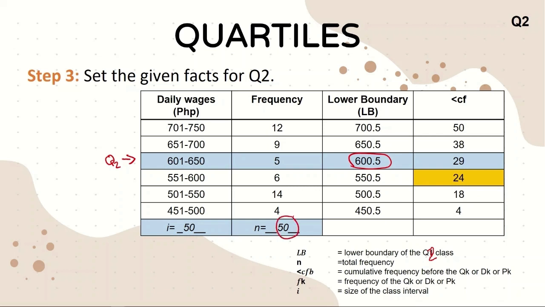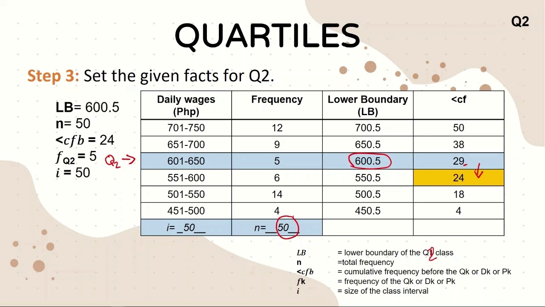Now, the cumulative frequency before the second quartile class. The less than cumulative frequency of the second quartile class is 29, so the one before it is 24.